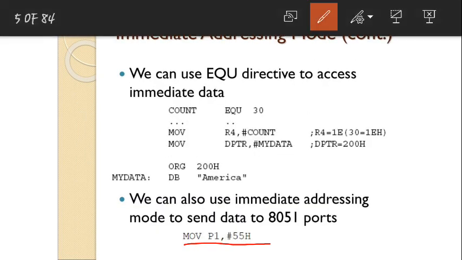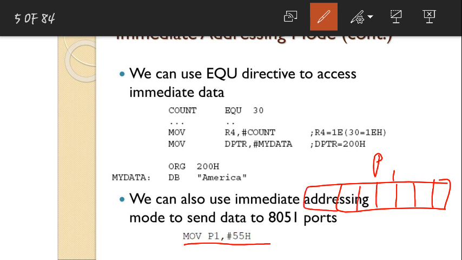So here that means if this is my 8-bit port 1, if I am trying to move 55, that means it will be 0 1 0 1 0 1 0 1. This is the value for 5 and this is the value for 5. So port 1 will contain this value now.